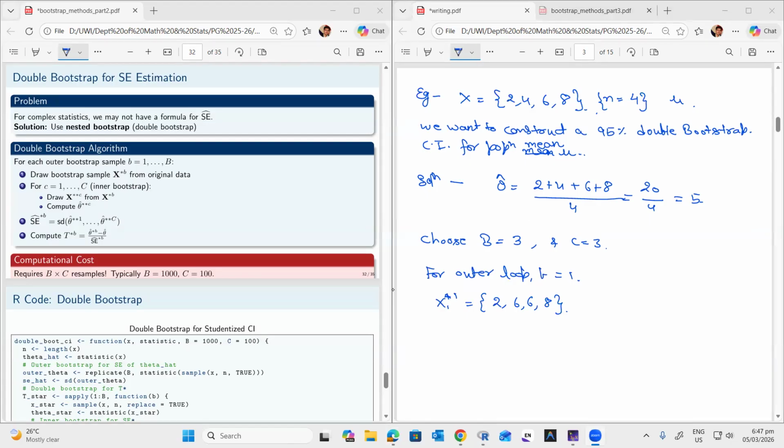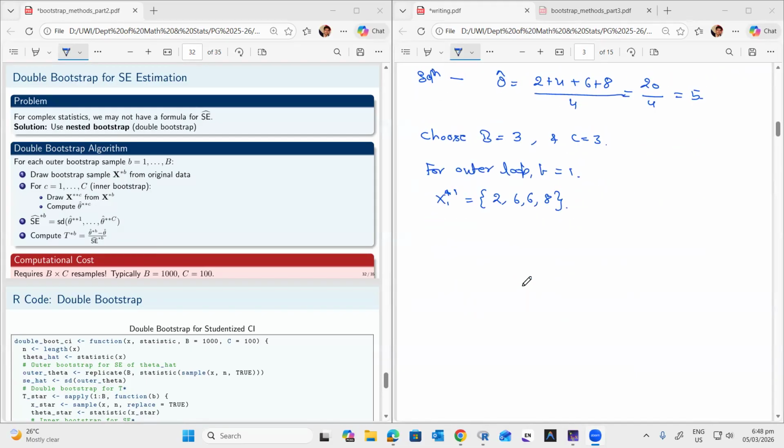In the inner bootstrap, with C equal to 3, I'm going to use this as a population and generate samples again from it.